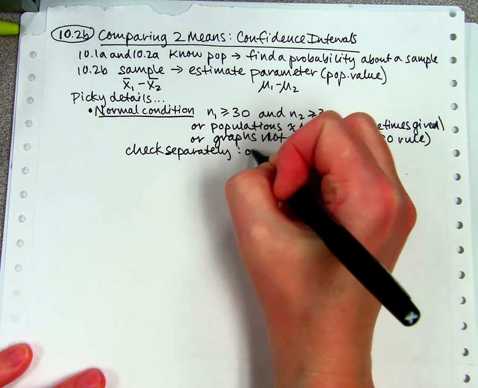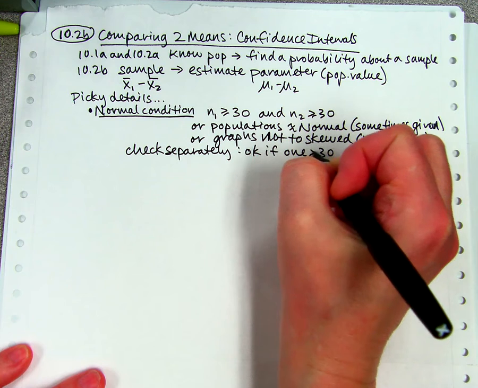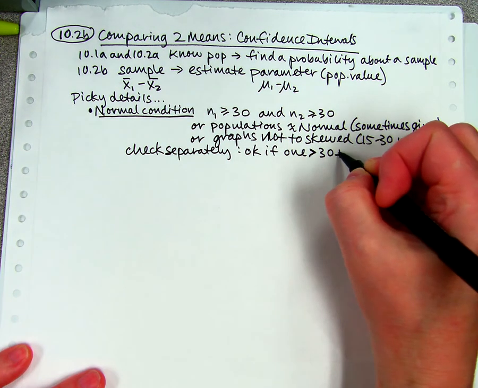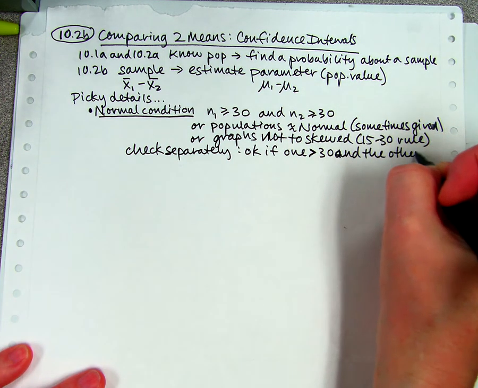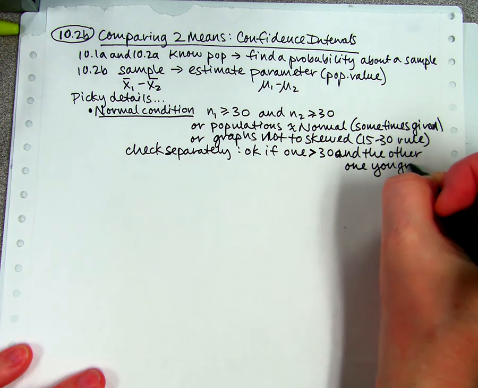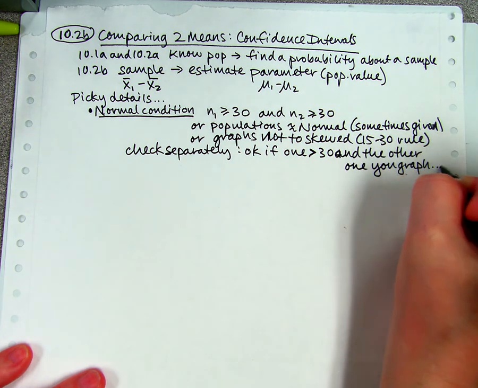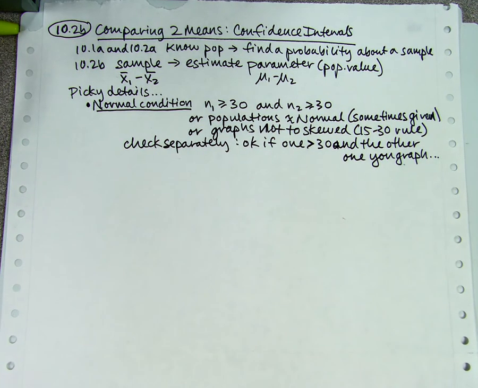It's okay, for instance, if one of them is greater than 30 and meets the condition that way, and the other one you have to graph. You do what you need to do for each sample separately. So that's the normal condition. We'll practice checking that in just a minute.